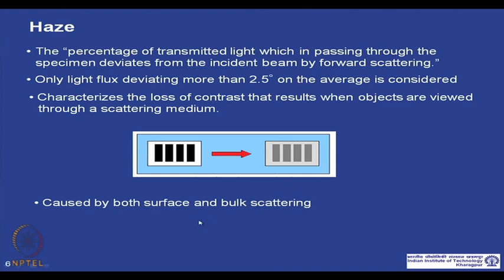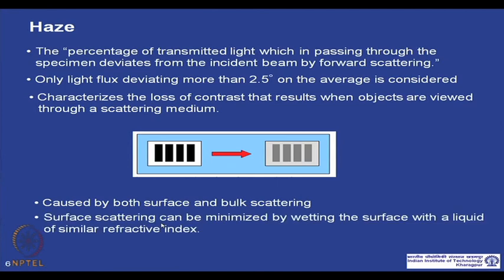Now, haze is caused by both surface scattering and bulk scattering. If you want to know the contribution from surface and bulk scattering in the haze, then what can be done? You can dip that plastic material in a liquid of similar refractive index.